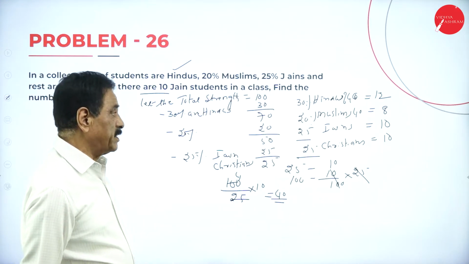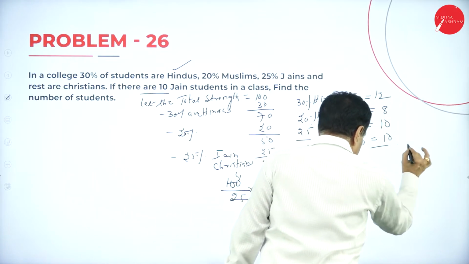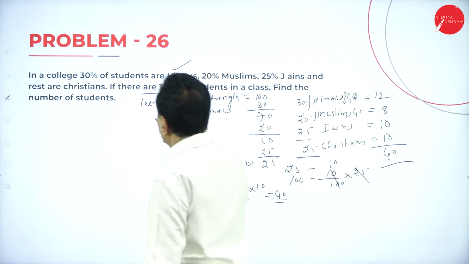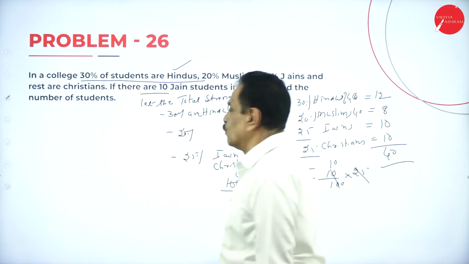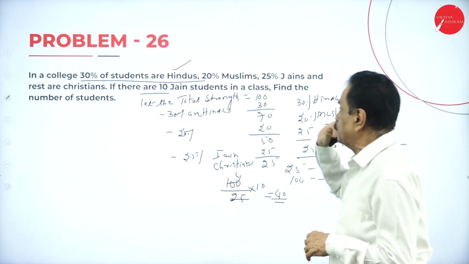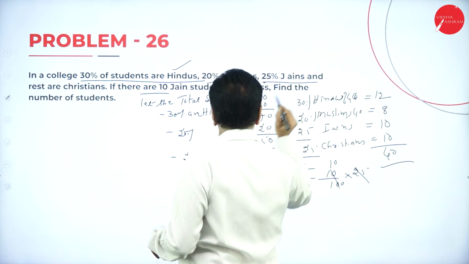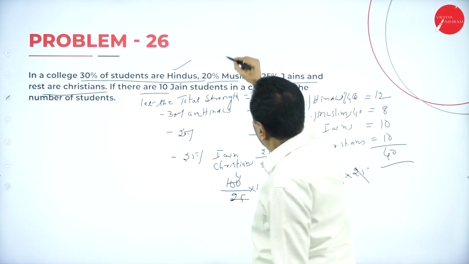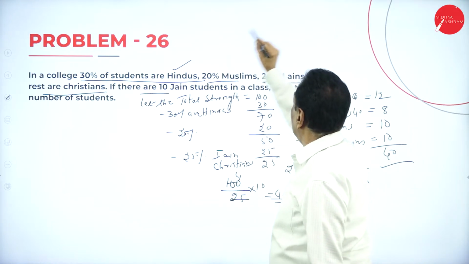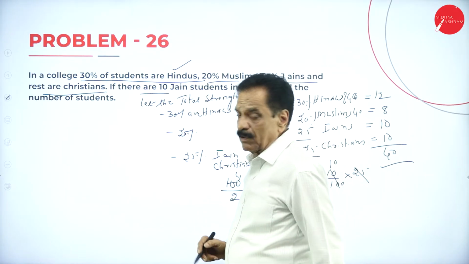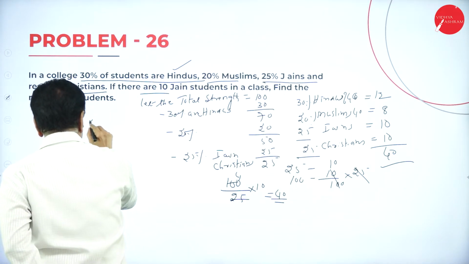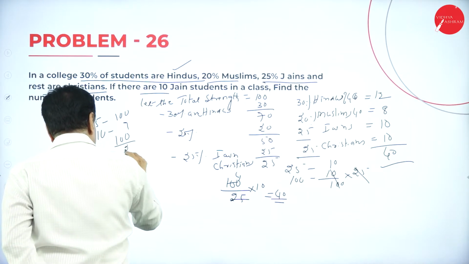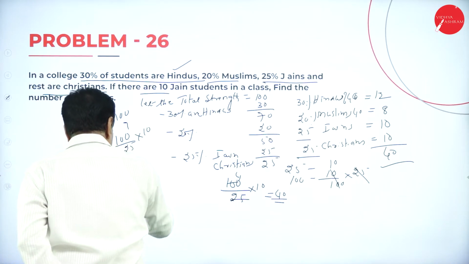Another 25% are Christians, which is 10. Totally 40. Let me repeat. 25% is equal to 10, so 100 divided by 25 into 10 works out to 40.